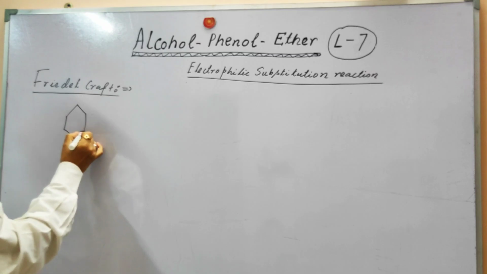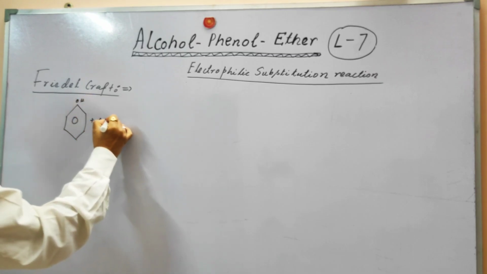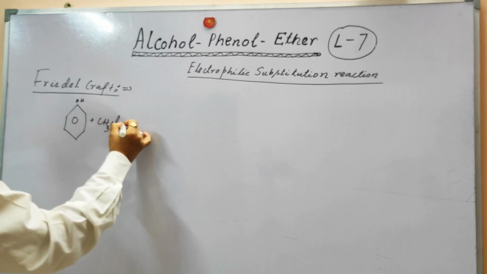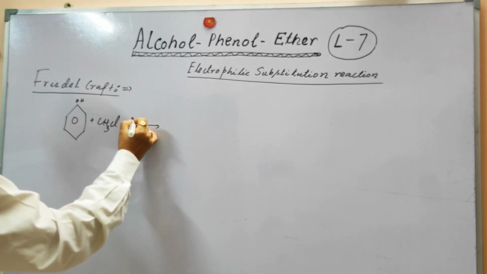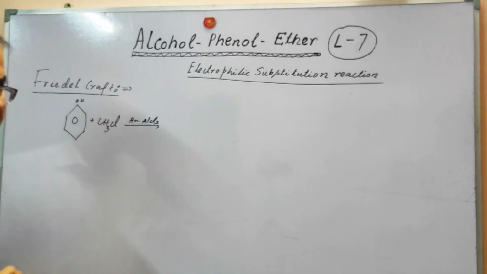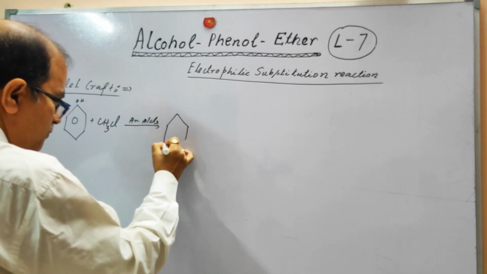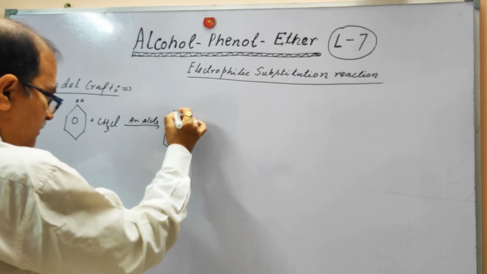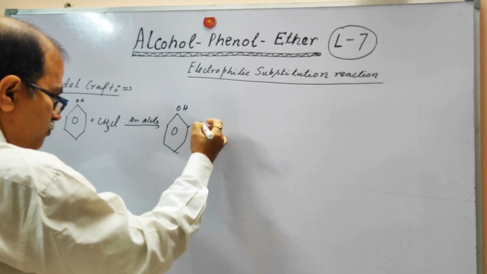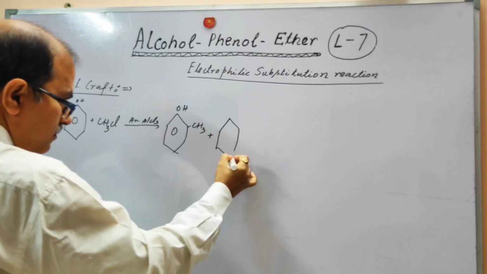This is the phenol, and it will react with CH3Cl, methyl chloride, in the presence of anhydrous AlCl3. AlCl3 here acts as a Lewis acid, and it will produce a mixture of compounds, with the CH3 group in the ortho position and the CH3 group in the para position.